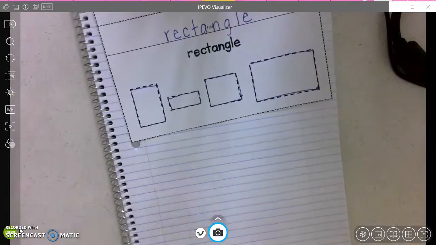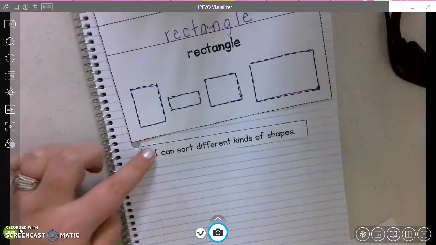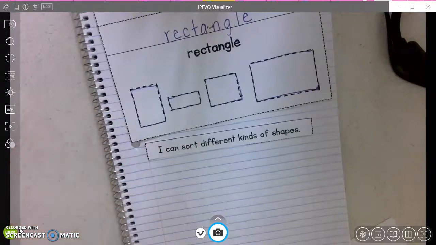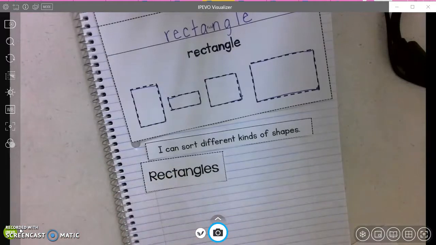So I'm going to scoop my notebook up a little bit so you can see the bottom. And I have my I can statement. So I'm going to put my I can statement right there, kind of line it up. I have one label, because we're labeling the sides, right? We're sorting. There's rectangles.